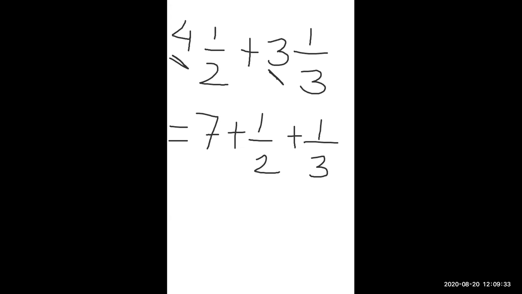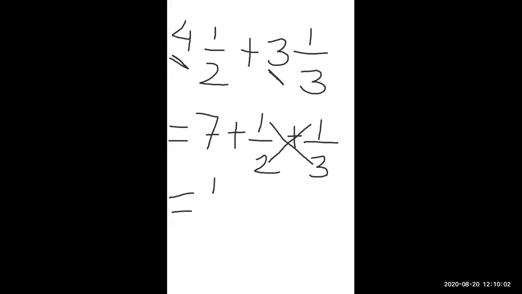If the denominators are not equal, you have to make them equal. Here one denominator is 2 and the other denominator is 3, so you will cross multiply. I will explain how you are going to write it, but don't copy this one.